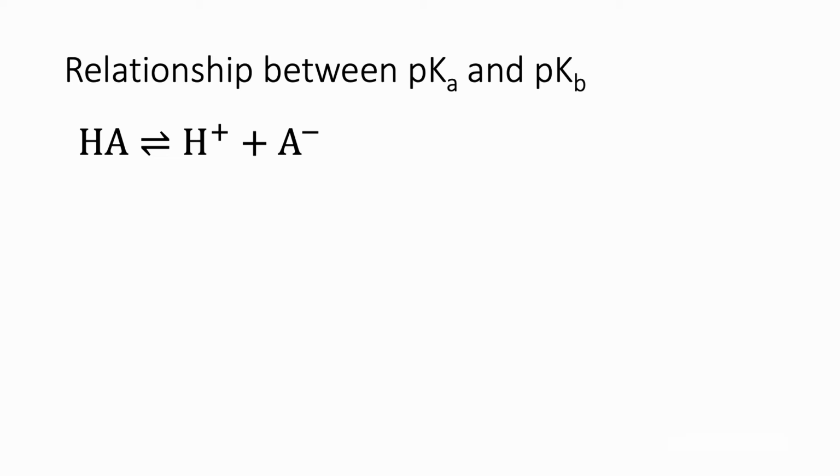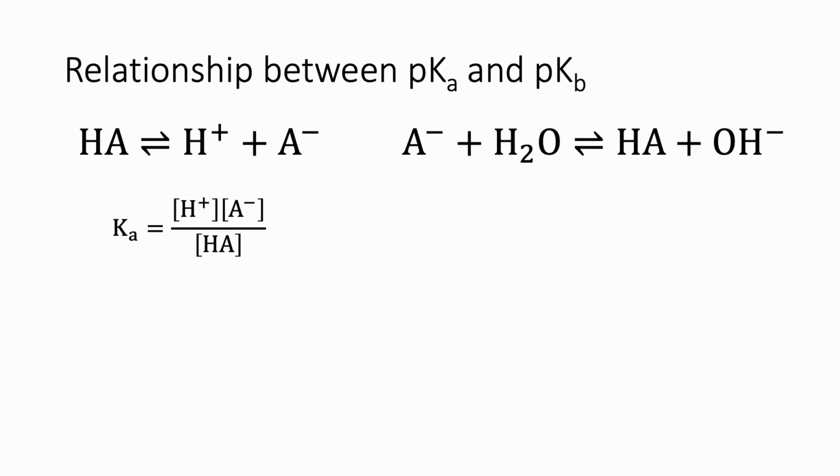So now let's write a base reaction with that conjugate base, and we see that A minus is going to react with water to form the protonated form of the conjugate base, HA, plus OH minus. So here's the Ka expression for that acid reaction. Here's the Kb expression for that base reaction.